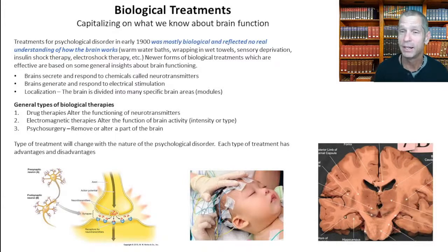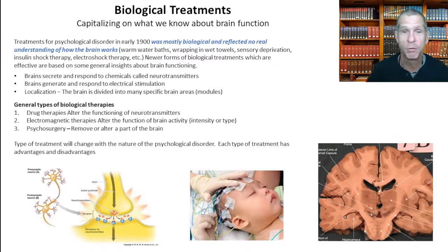They used to inject people with insulin to cause them to go into shock. They would use electroshock therapy to cause people to have seizures. They would do all of these different things without any idea at all of what was happening in the brain. It was scary, it was dangerous, it was barbaric.